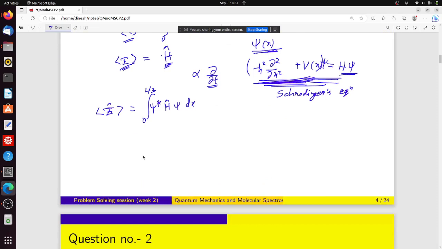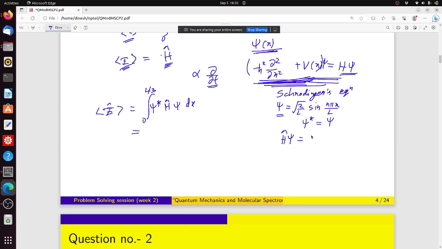Okay, so we will apply this operator. So psi is given as root 2 by L sine n pi x over L, right? So psi star will be the complex conjugate of this, but it is already real, so psi star will be psi, right? Okay, we have to evaluate this H cap over psi.